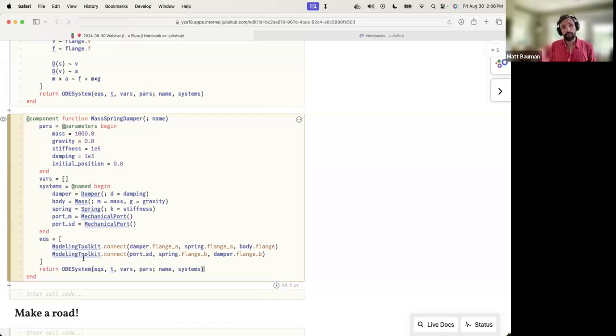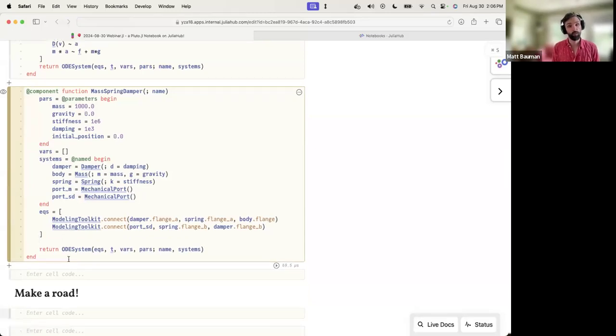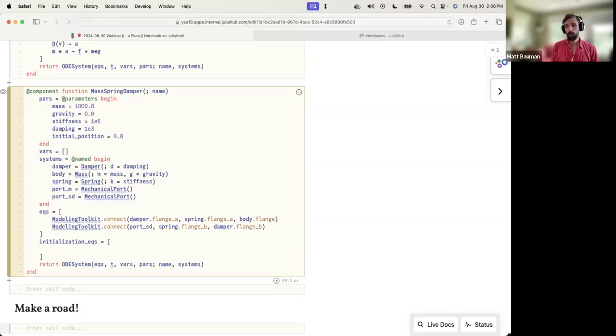There's one thing that's missing, though, in the case of this system as a whole, and that's the initialization, right? We need to say where all of these things start. And where do we start? Well, we want to say where that body starts, where that mass on the end of the spring starts. So we can set initialization equations. Our body.s is going to be that initial position that I defined as a parameter.